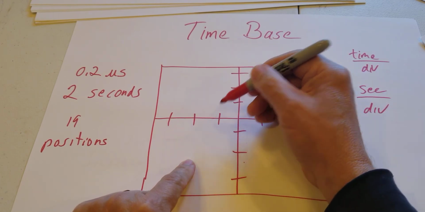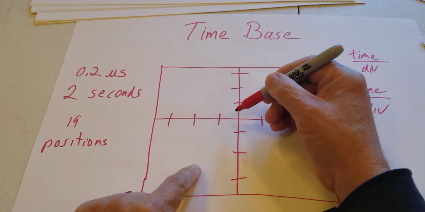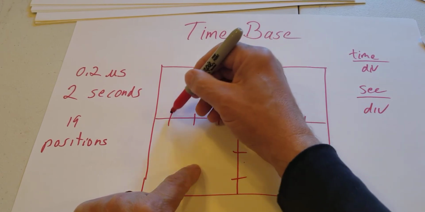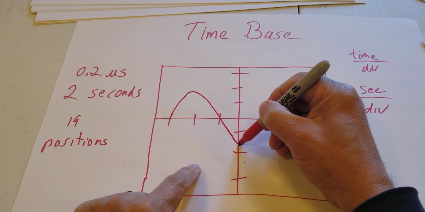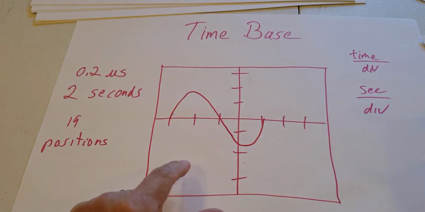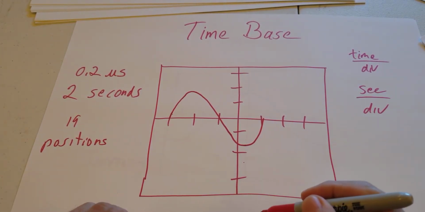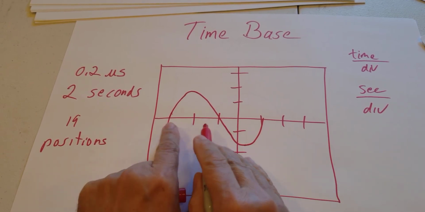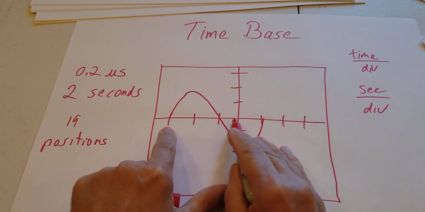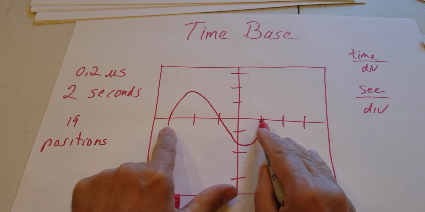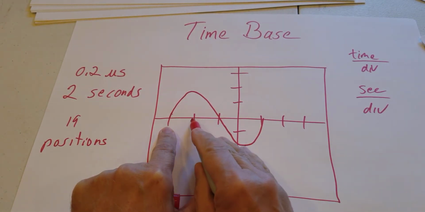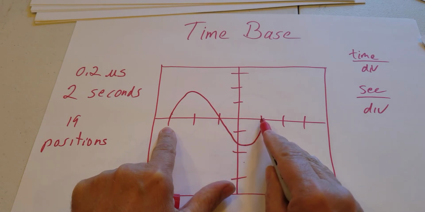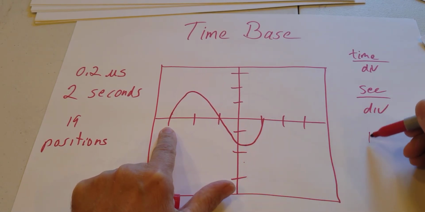wave that looks like, we'll go like this and like this and like this. Okay, hopefully I drew it right. So how many time divisions did I go through for one complete cycle, one complete period of a sine wave? I went through 1, 2, 3, 4. I went through 4 of them.